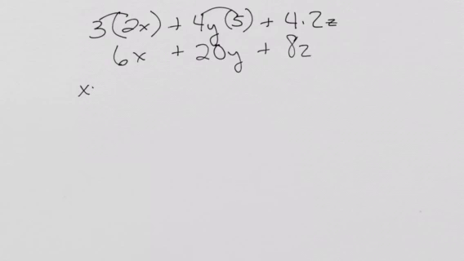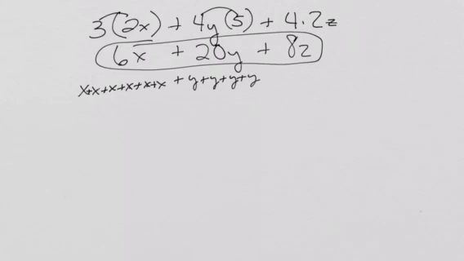Well, just imagine you had 6x's. 1, 2, 3, 4, 5, 6. And then you started adding 20 y's to them. Well, the y's and the x's aren't the same thing, so you can't exactly count them the same. So no, it doesn't work. Your answer would really just be this, because you can't mix x's with y's and z's.